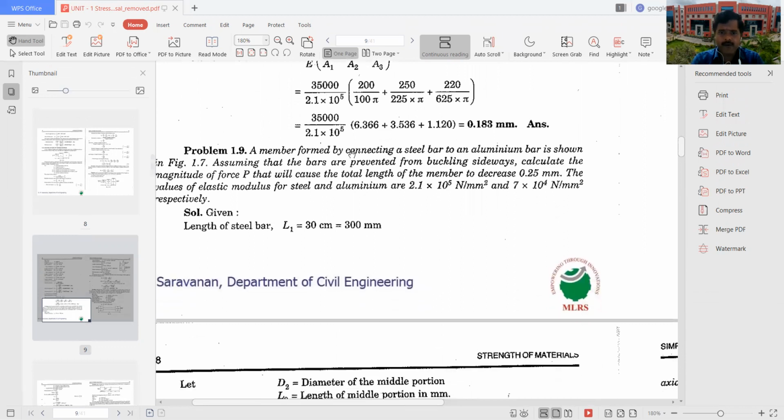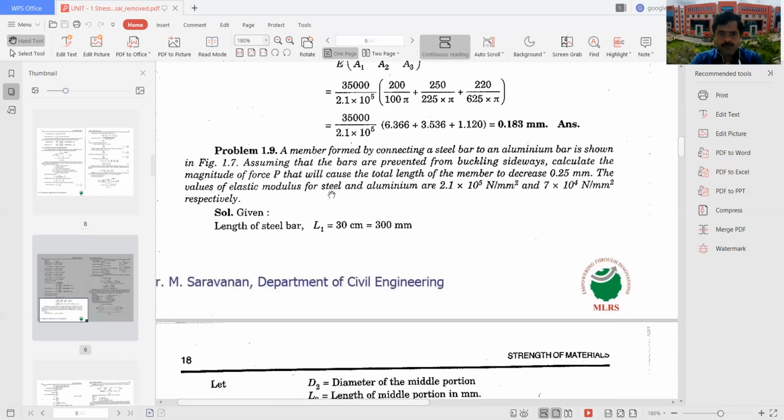A member formed by connecting a steel bar to an aluminum bar. Here, different materials. So, the steel bar is connected to the aluminum bar. Therefore, E1 and E2 are different. As shown in the figure, assuming that the bars are prevented from buckling sideways, calculate the magnitude of force P that will cause the total length of the member to decrease by 0.25 mm.